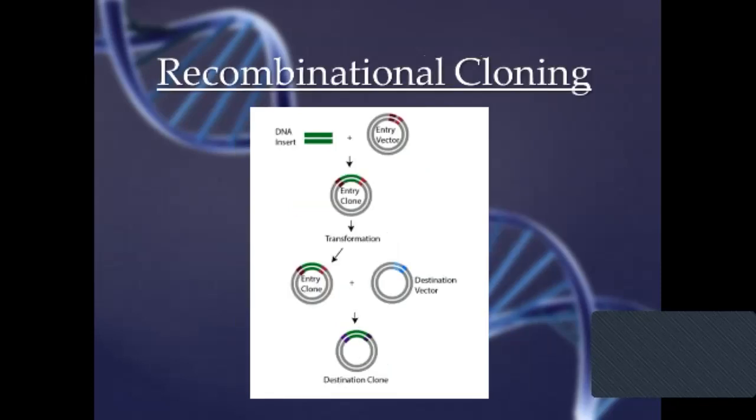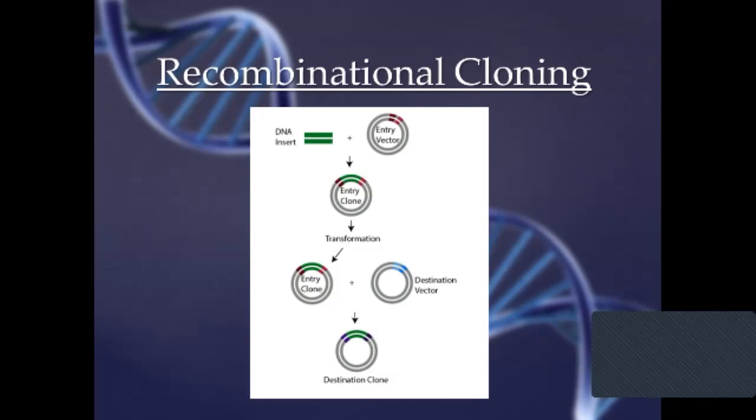And the last one of all the popular cloning methods we are seeing is recombinant cloning. This method requires site-specific DNA recombinase enzymes which exchange and recombine DNA pieces with particular recombination style. The first step in the method is to insert a DNA fragment into an entry vector, generating an entry clone. Another way to create an entry clone is by swapping and recombining a donor vector into an entry clone.